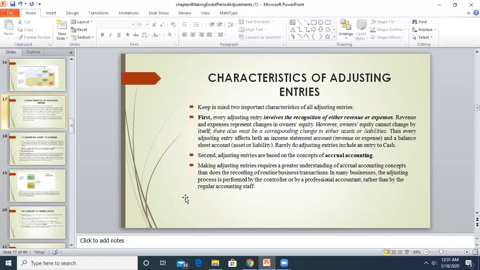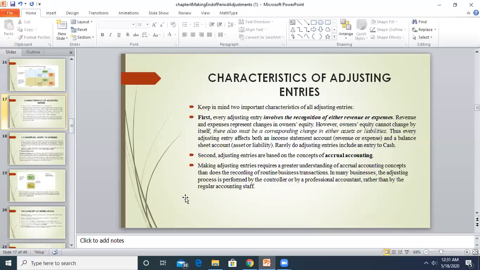So you have to keep in mind the two important characteristics of adjusting entries. And what are these? First, every adjusting entry involves the recognition of either a revenue or an expense. So you need to know that the changes are in these two accounts, and ultimately this will result in changes in owner's equity.